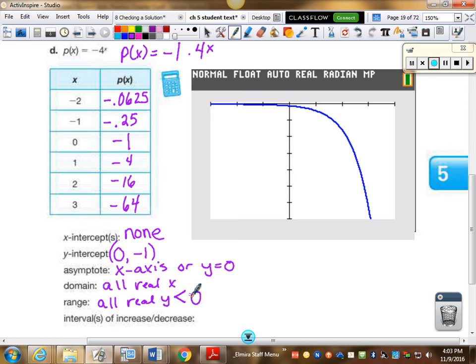Less than 0. All negative numbers. Interval of increase or decrease. Well, this function is decreasing. So we say decreasing over the entire domain.